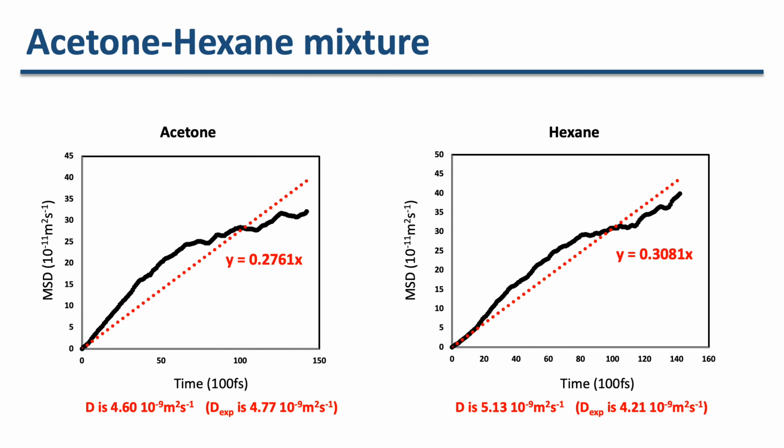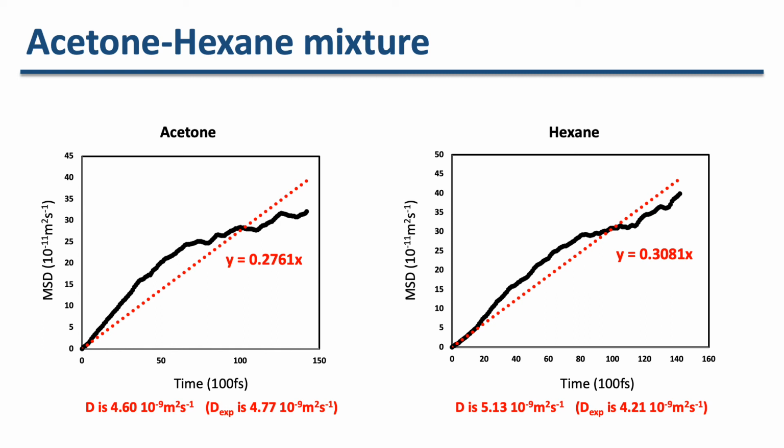And this one is for the mean square displacement for hexane and acetone in the mixed solvent. And also both lines are not straight enough because the first part shows a little bit of ballistic motion.